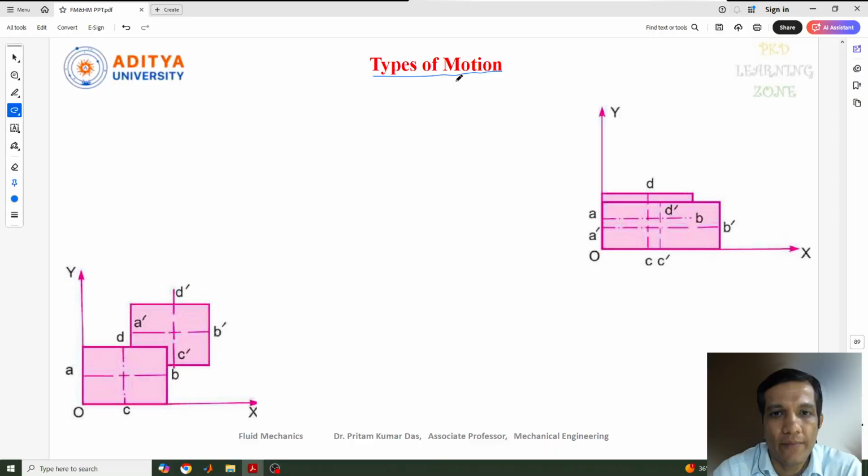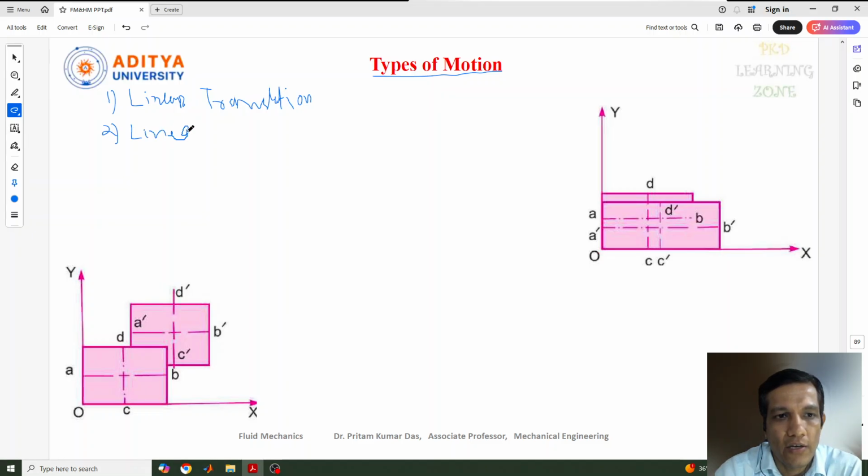Basically, these types of motions are categorized into four types. The first one is linear translation. This is one movement. The second one is the same thing, but linear deformation.